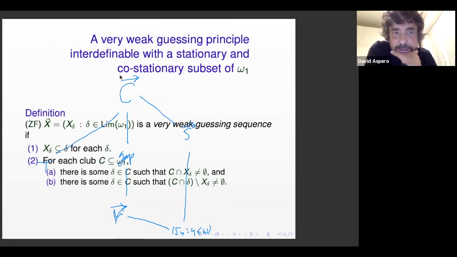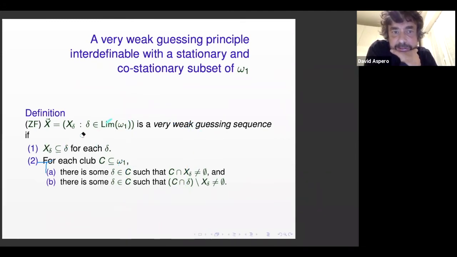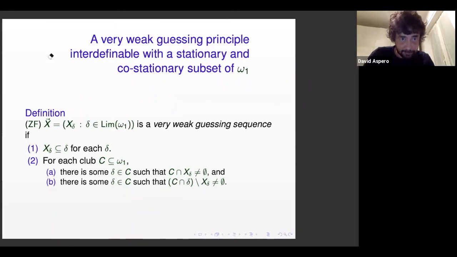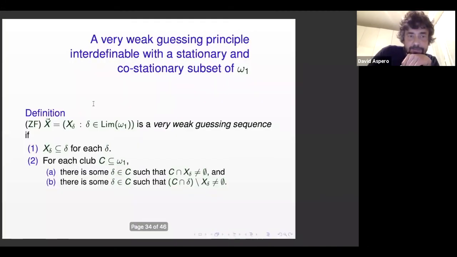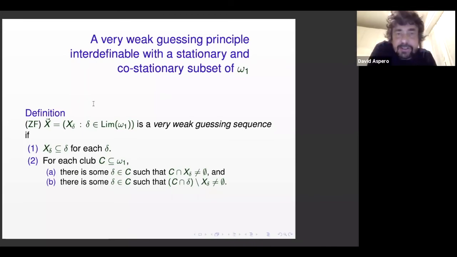Okay, here's the eraser. Right. So let me now mention this.